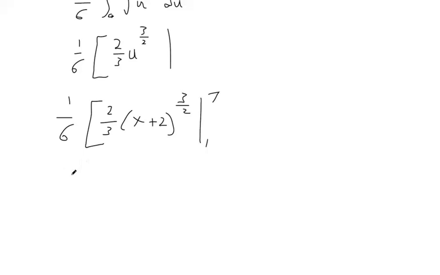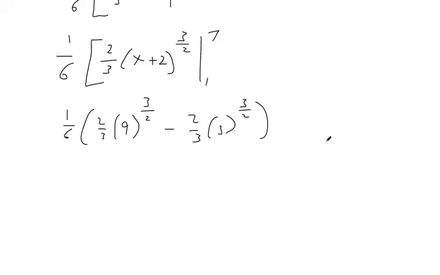Okay, now we're ready to start plugging stuff in. So this is 1/6. We got 2/3 of 7 plus 2 makes 9 to the 3/2. And then we want to subtract that by 2/3, 3 to the 3/2.